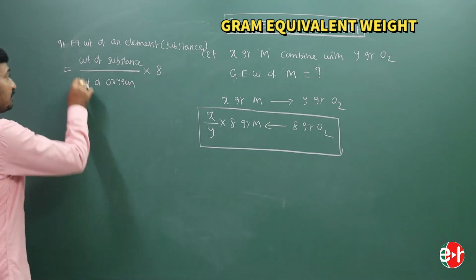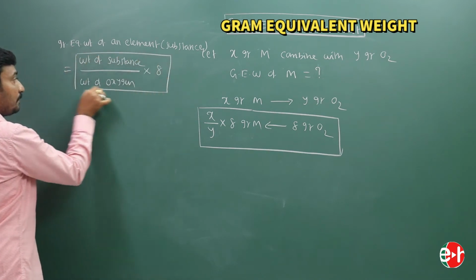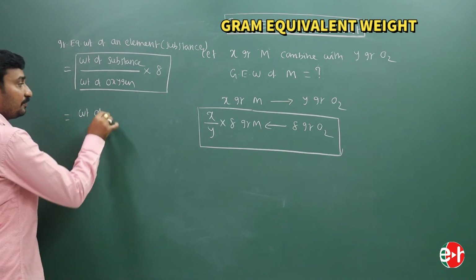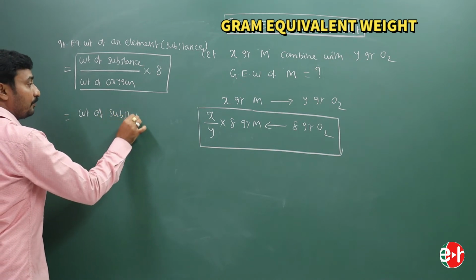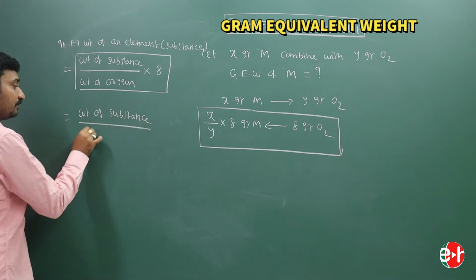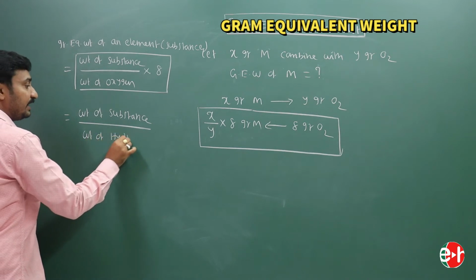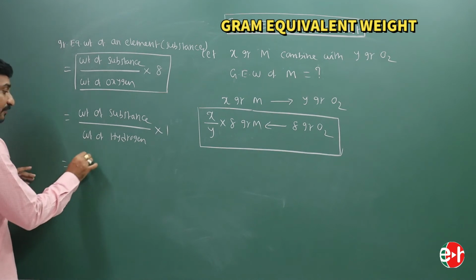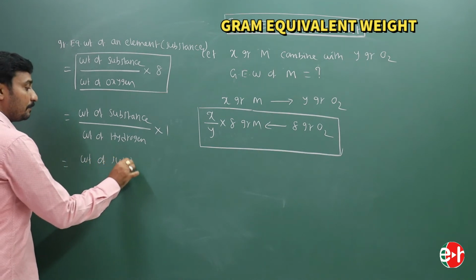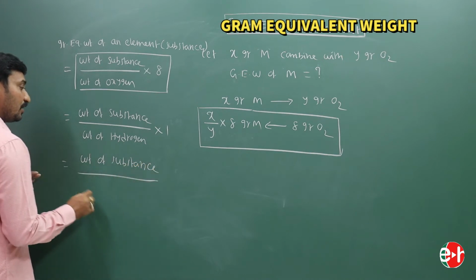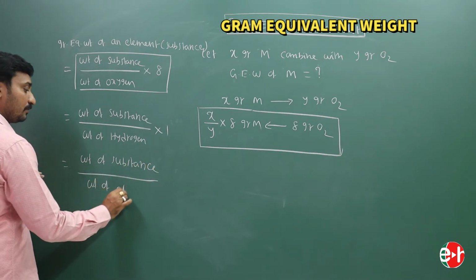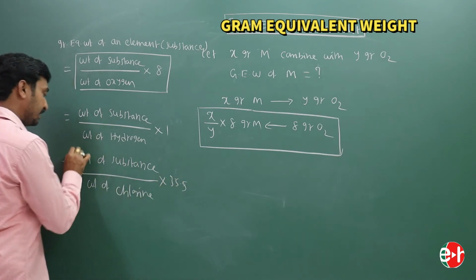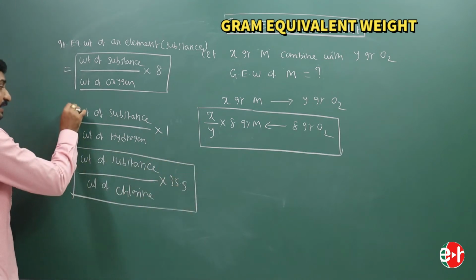Otherwise, in terms of hydrogen, weight of substance by weight of hydrogen into 1. In terms of chlorine, weight of substance by weight of chlorine into 35.5.